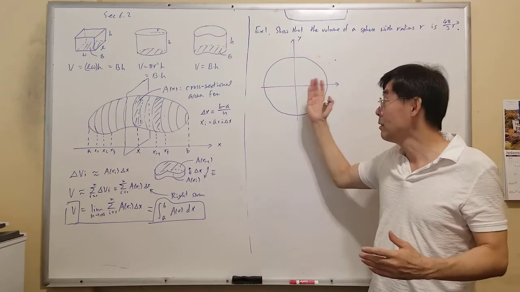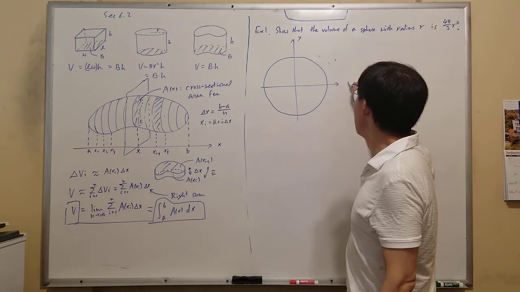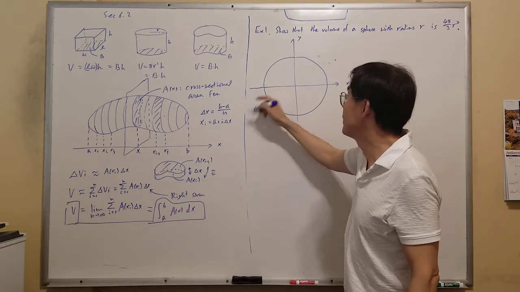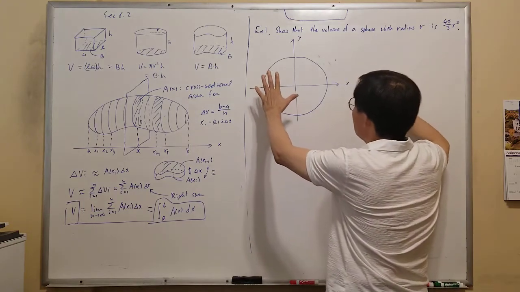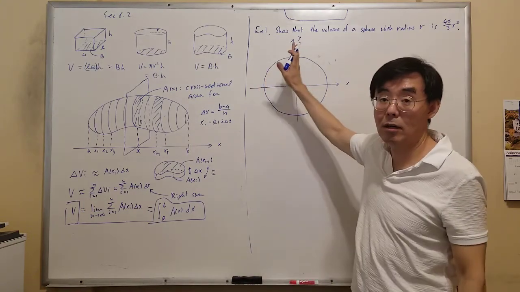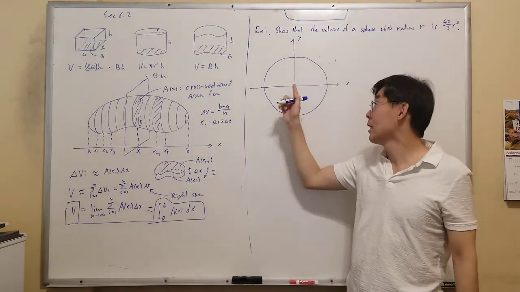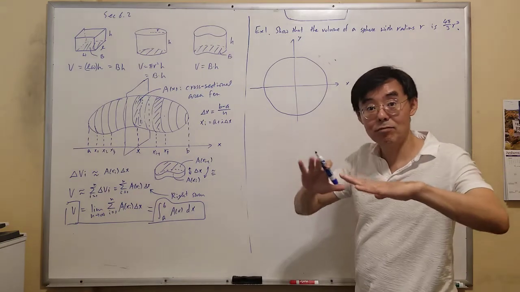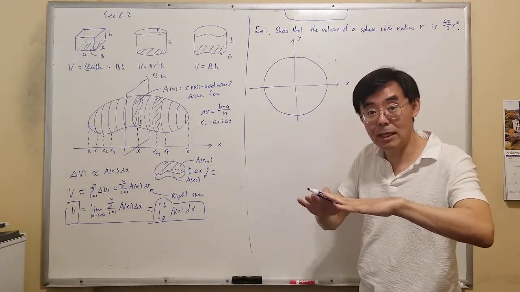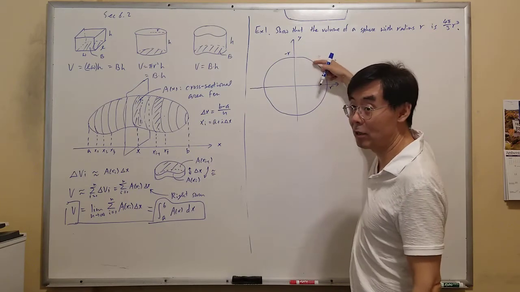By the way, the intersection of the sphere with this xy plane, when the center of the sphere is at the origin, will be a whole inside circle with radius r, right?